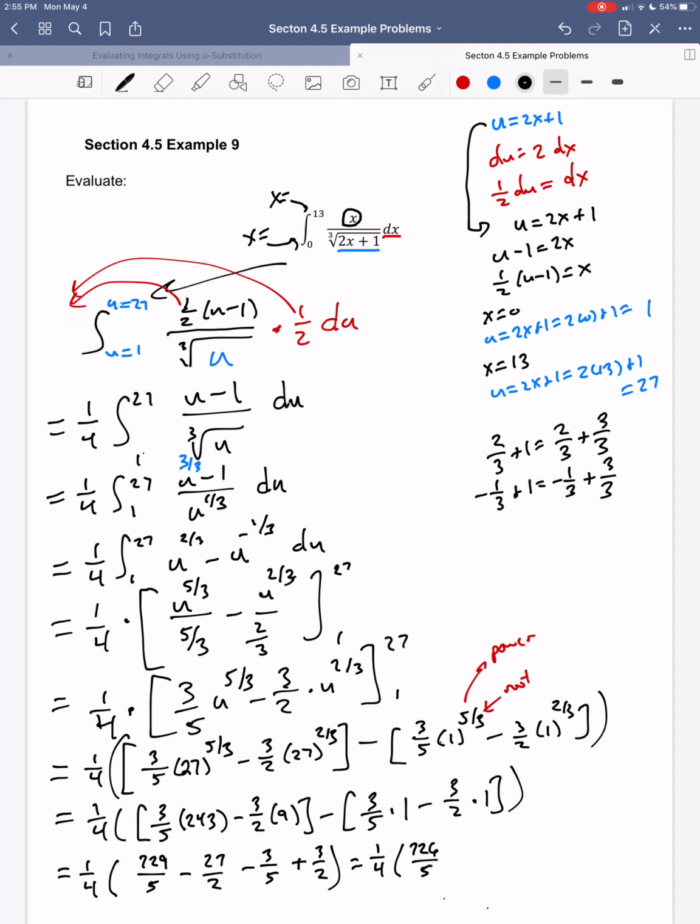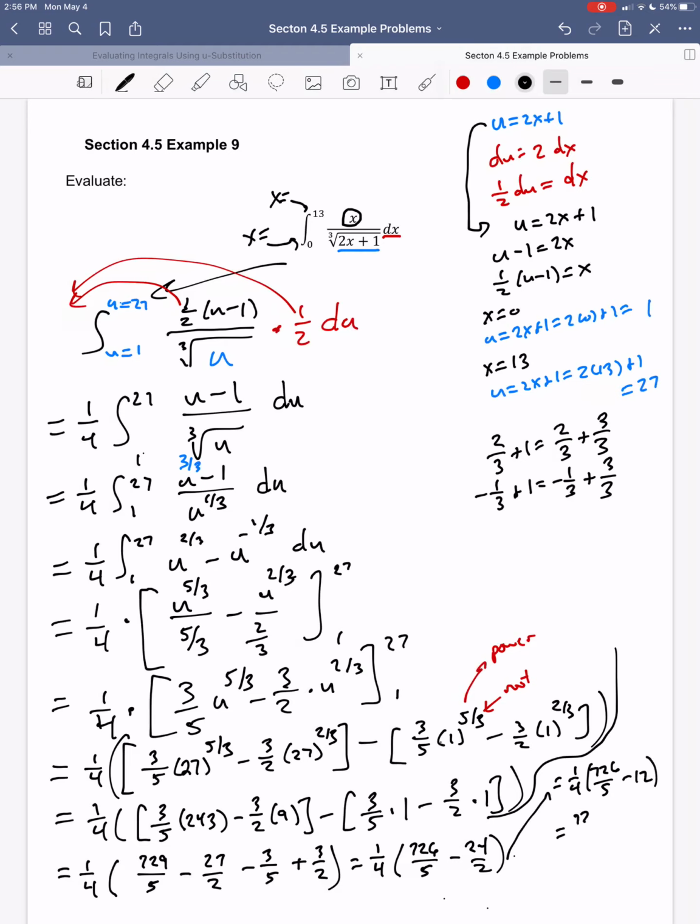Negative 27 plus 3 becomes negative 24 over 2. So I get 1/4, 726 over 5 minus 12.